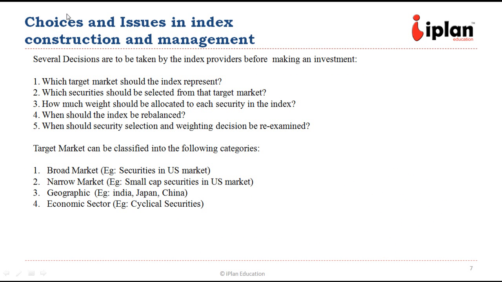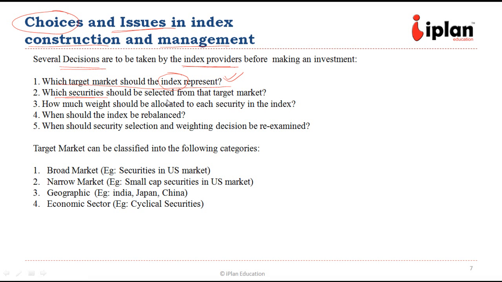We'll look at what choices are available and what issues are involved in index construction and management. In order to create an index, several decisions need to be made by the index providers. For example, which target market should an index represent? So this index should represent a particular target market.